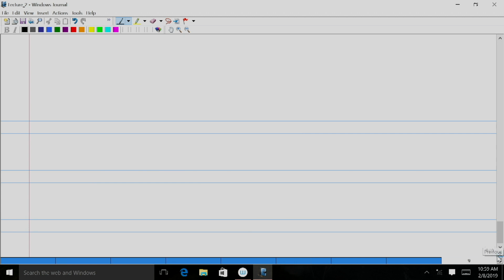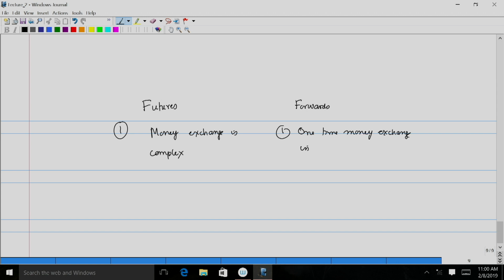between these two. So, let us look at what are the differences. In case of futures, the money exchange is complex. In case of forwards, there is only one time money exchange in future.